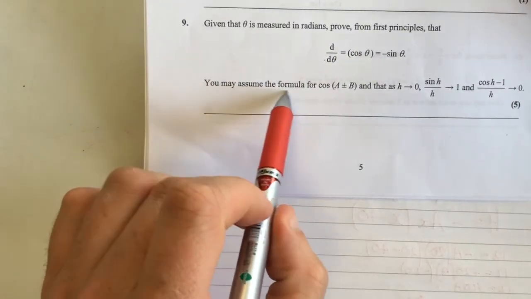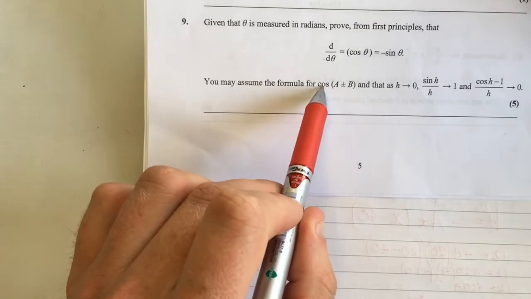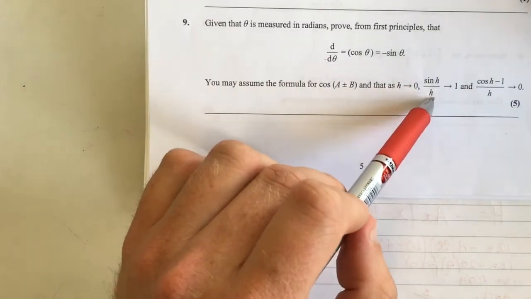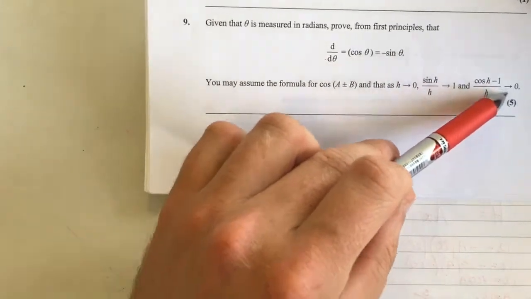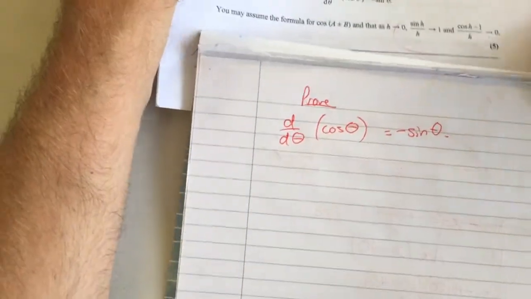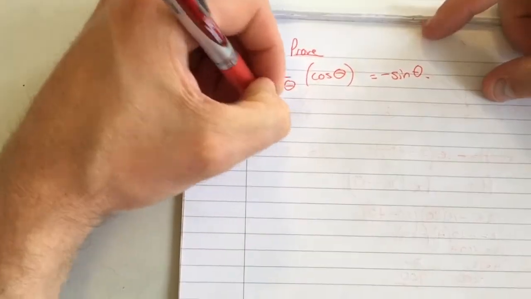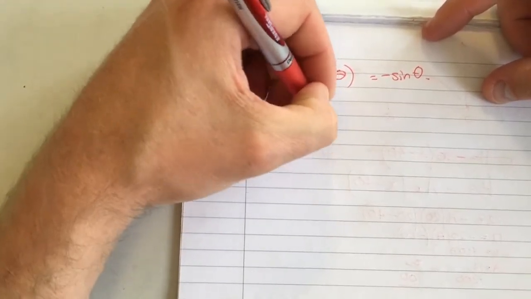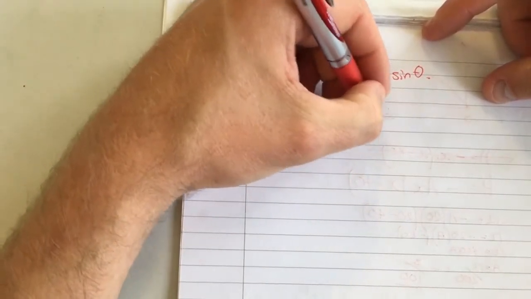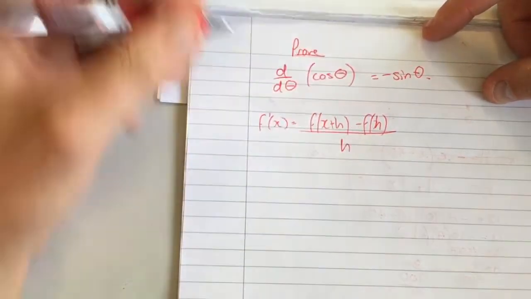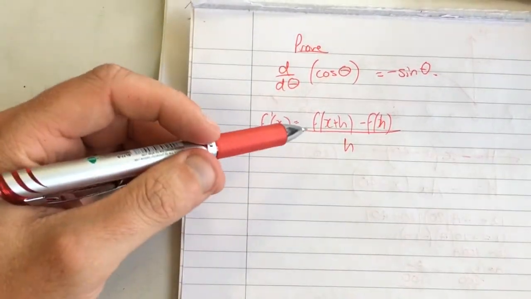You may assume the formula for this. They said as h goes to 0, sine h over h is 1, and cos h minus 1 over h is 0, which makes things really easy. So we're going to use our first principles formula, which says this. If you don't get that right, you didn't look in the formula book.